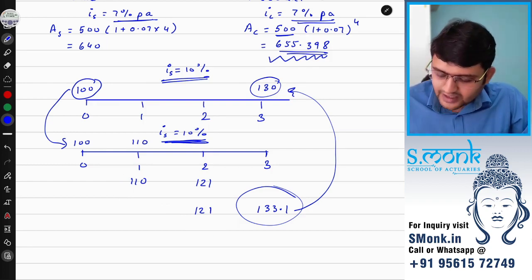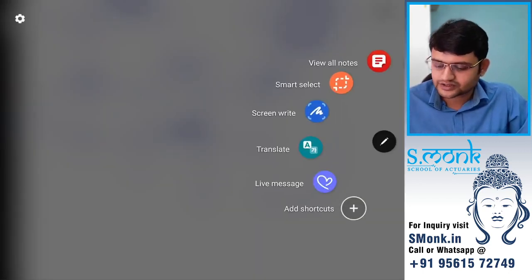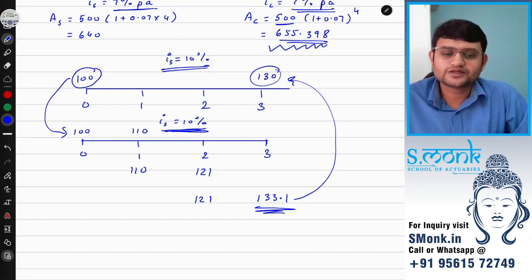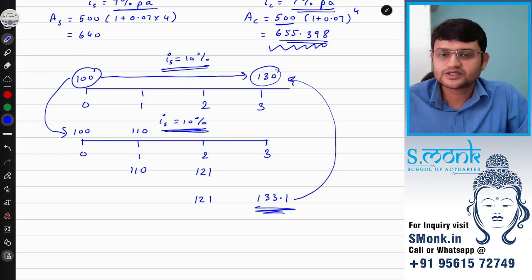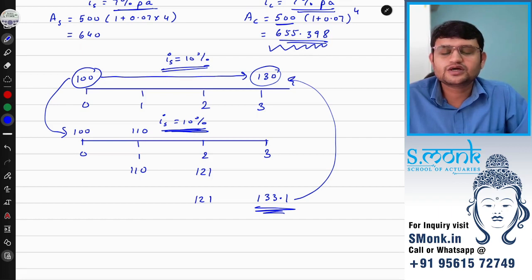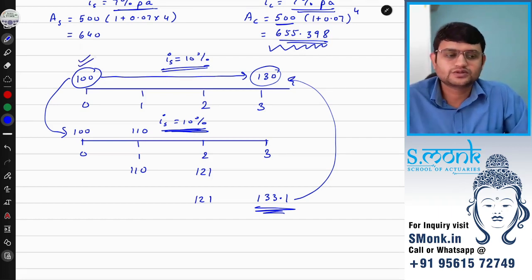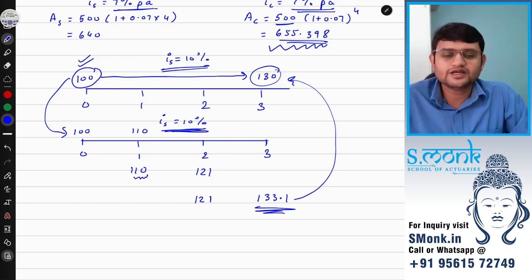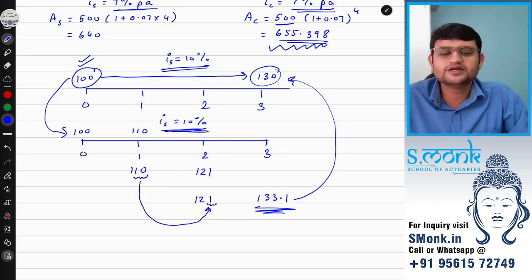Now, in that case, this calculation is actually compound interest. The difference here is that in simple interest, the interest each year was always taken on the principal amount, whereas here this 10 rupees as interest also earned interest, and this 1 rupee is basically the interest on that 10 rupees.